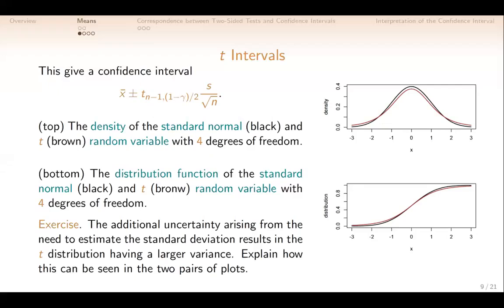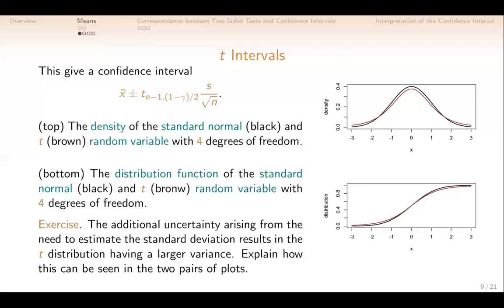For the bottom distribution, you can see that the graph of the normal distribution function sits under the graph of the t distribution function for values below 0, and it sits above the t distribution for values greater than 0.